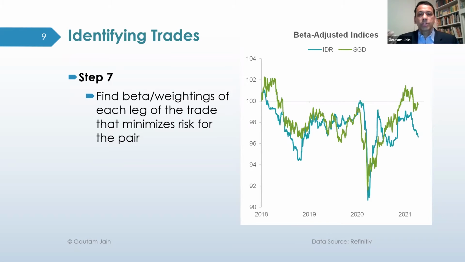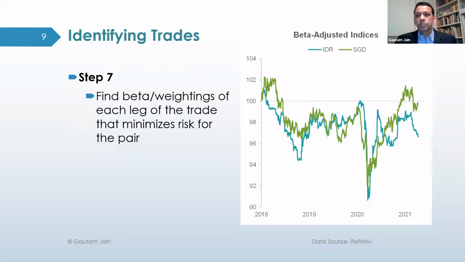So the idea is to find the weighting of the legs. For example, if I'm looking at currencies, what I want to find is, for a 1 million long position in a currency, how much of the short currency should I put on? So that's the weighting I want to look at. Similarly for rates, if I have 1000 DV01 on the long side, what is the sizing of the short side?